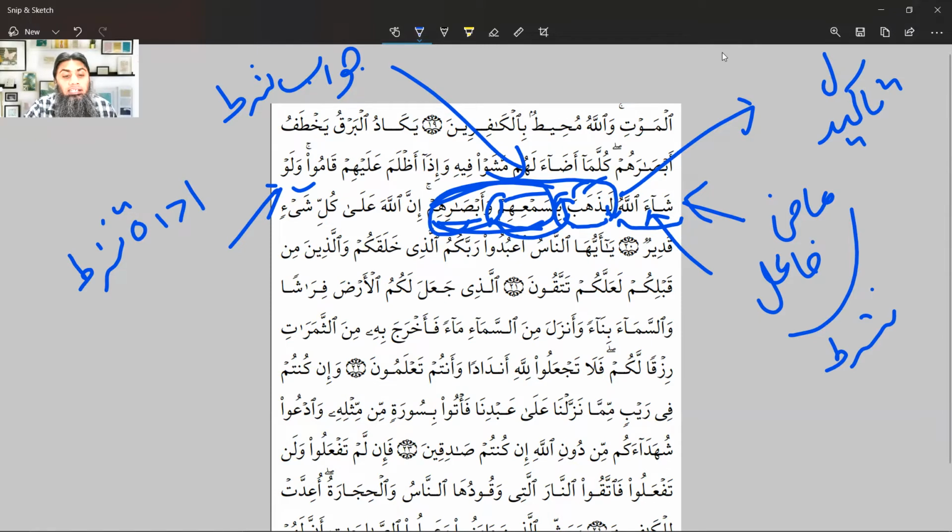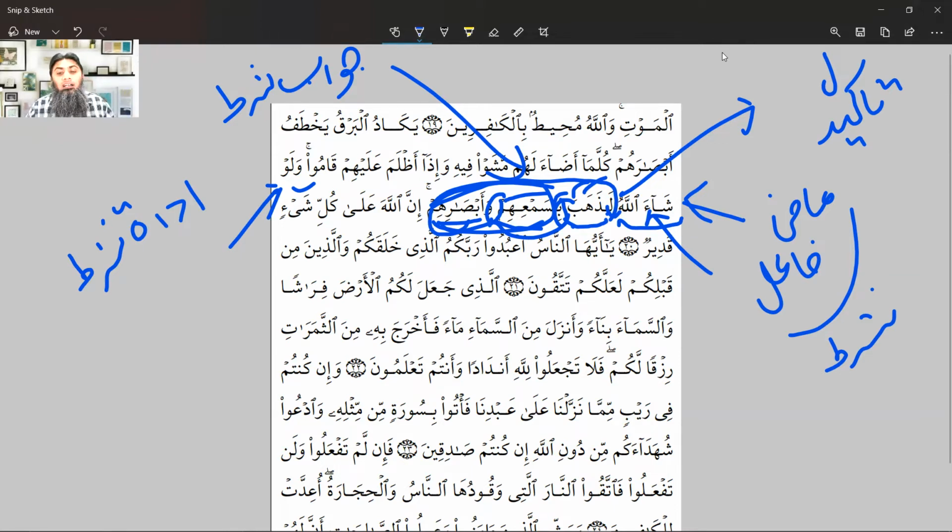Now let's translate it. Walau sha'allahu, had Allah willed, la zahaba, Allah would have definitely. Zahaba means that he went.